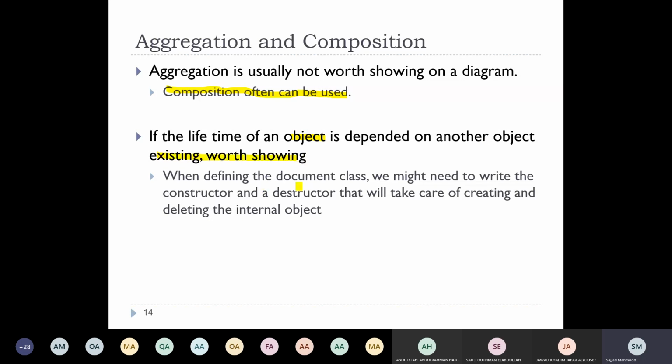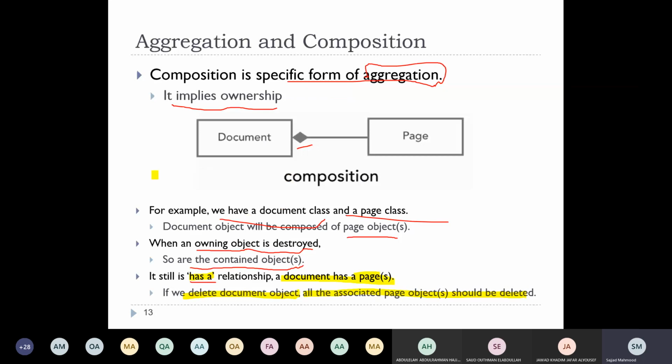For example, in this simple case, if we are defining the document class, we might need to write the constructor and destructor, which will make sure of the creation and deletion of the internal objects. Since a document has a composition relationship with page, and because a document without pages doesn't make sense, you will model that as composition.